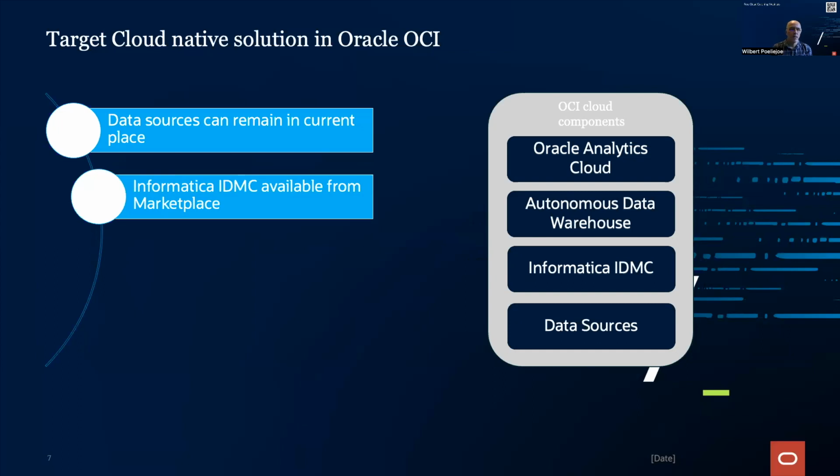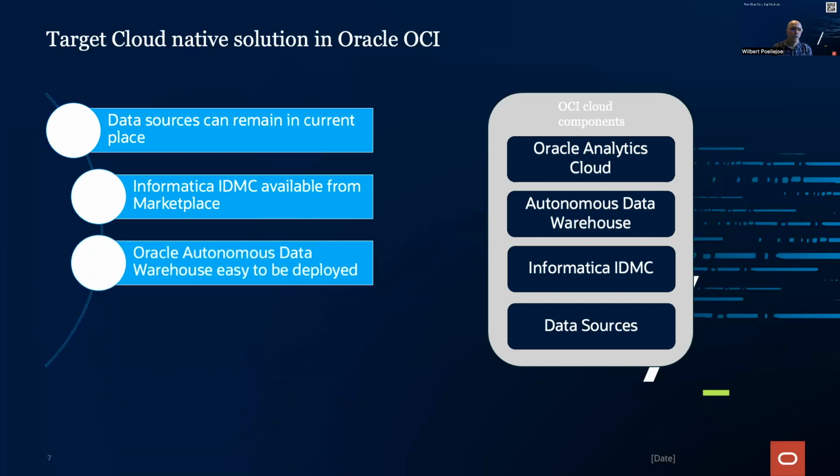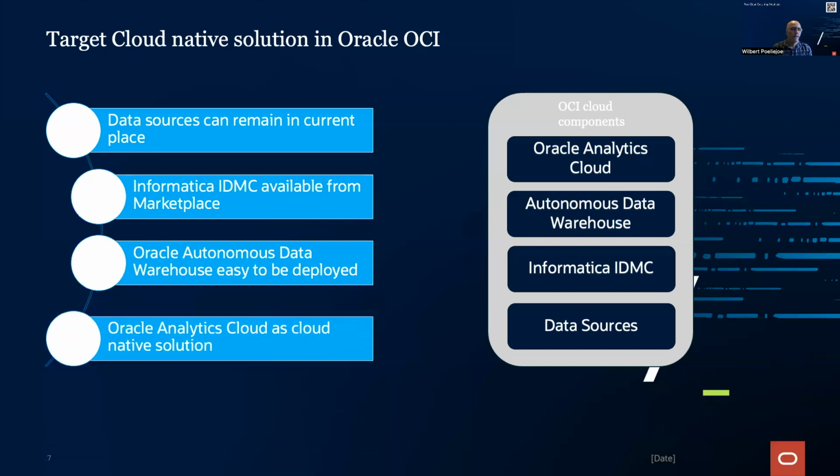We will look in the solution for the ETL will be the Informatica IDMC, which is available from OCI Marketplace. To store the data, we will use the Autonomous Data Warehouse database. We will see it's easy to deploy with low maintenance and some other advantages we will touch on later.